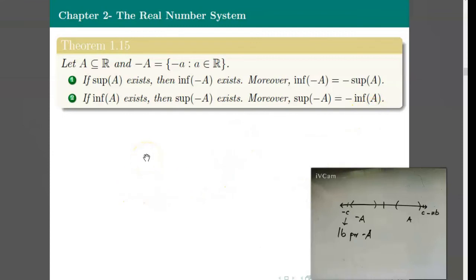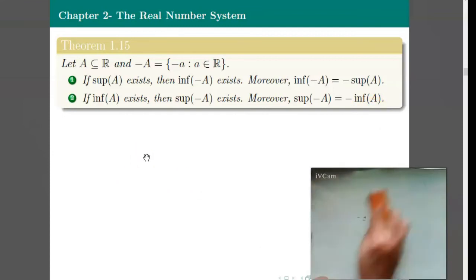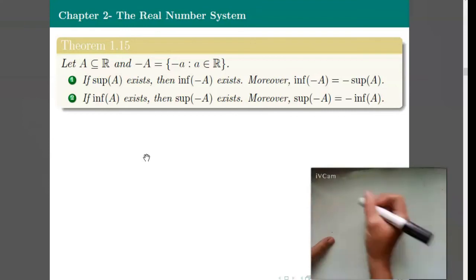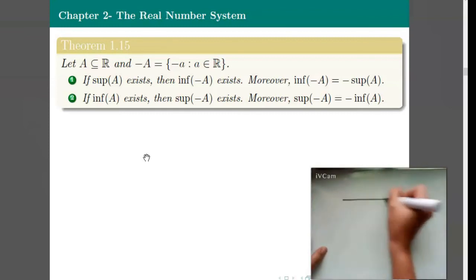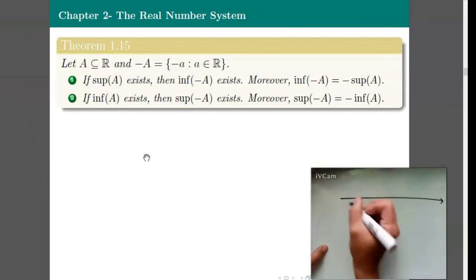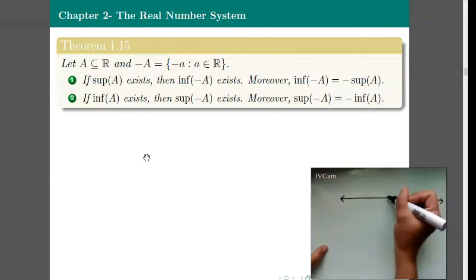Okay, to illustrate that one, let me have this real number line.